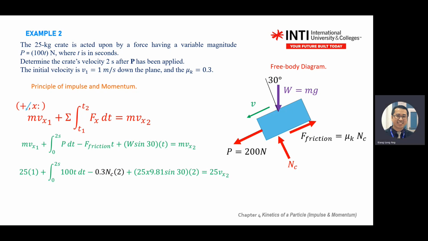Nickel, what is this integration answer? Integrate 100t dt, what do you get? What is the answer for this integration?